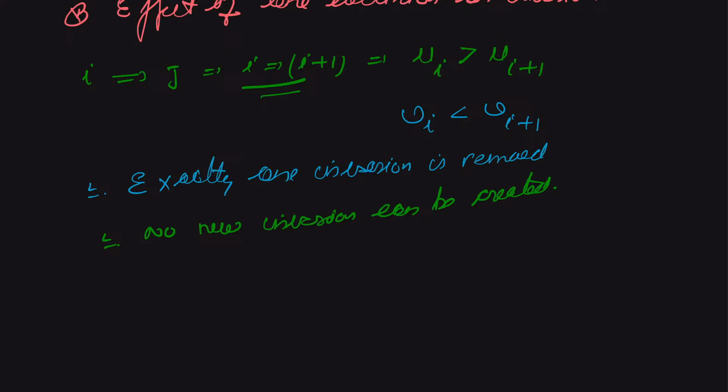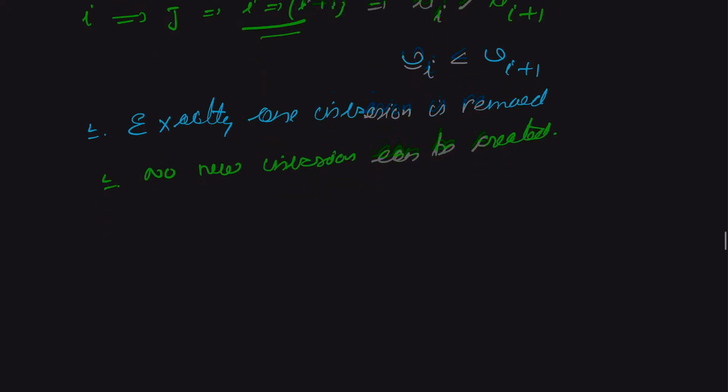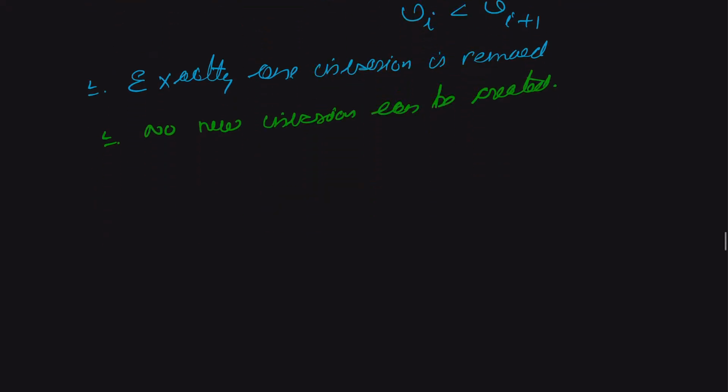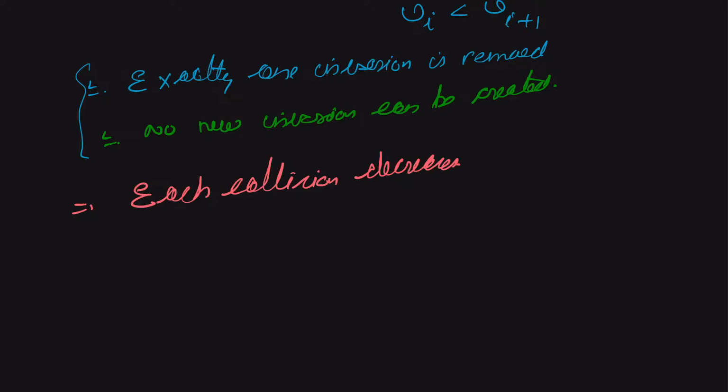So each collision decreases the inversion by only one. Final conclusion based on these two: each collision decreases the inversion factor, which is I, by exactly 1.